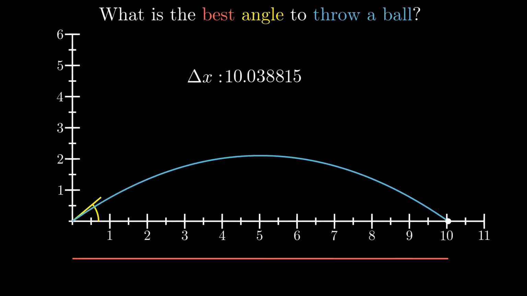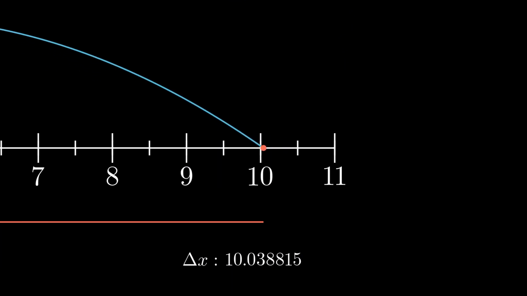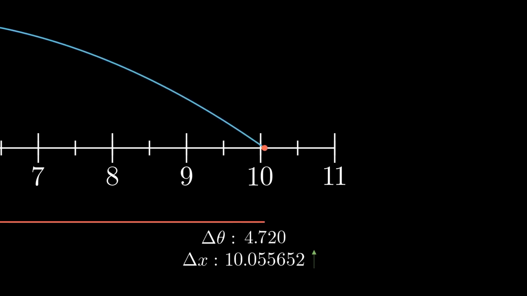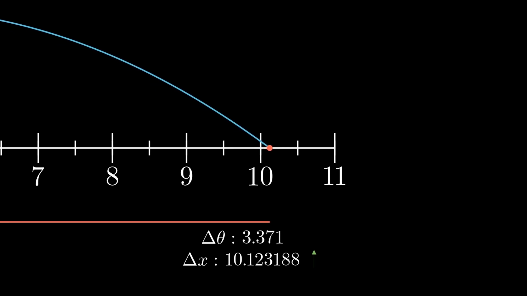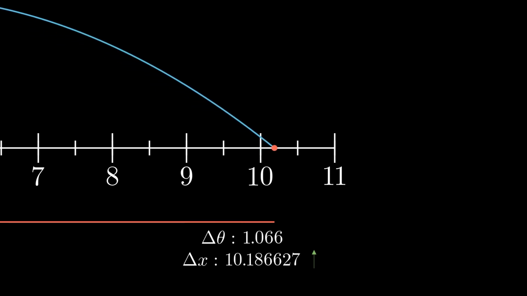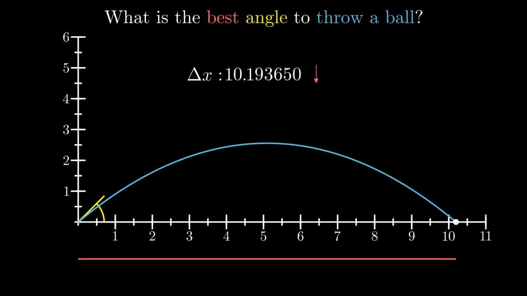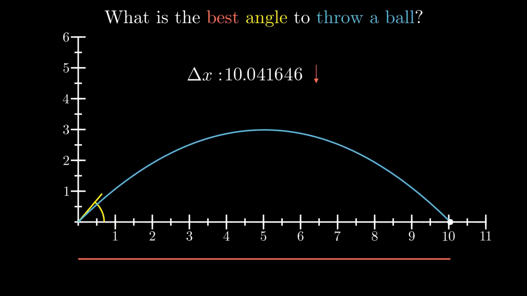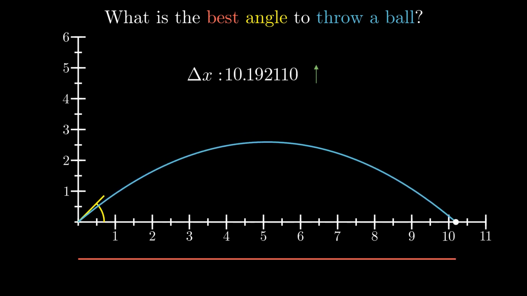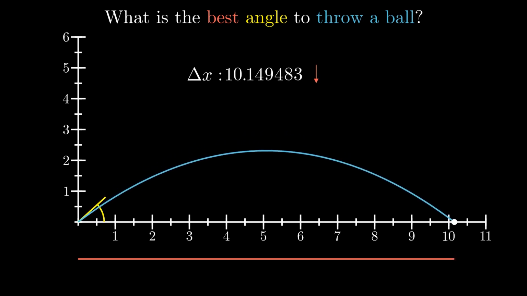Taking a closer look, we can see how increasing by a further 5 degrees manages to still increase the range, up until some point where we reach a maximum value. This point where the sign flips from positive to negative is where our maximum range is.